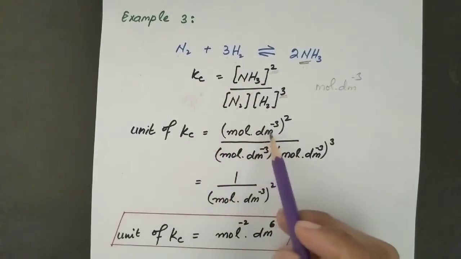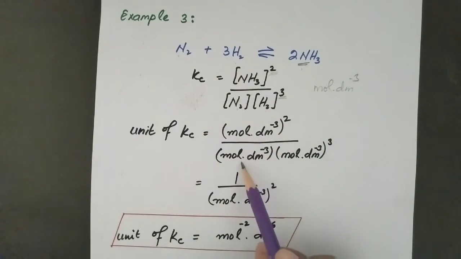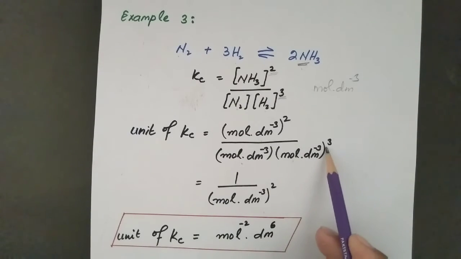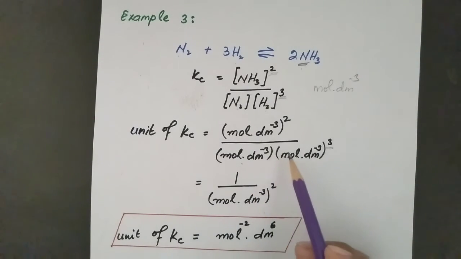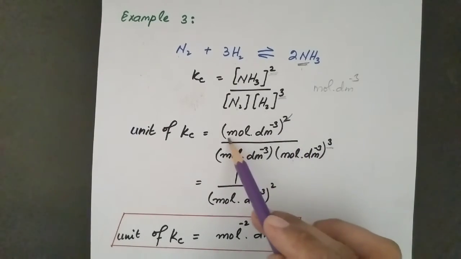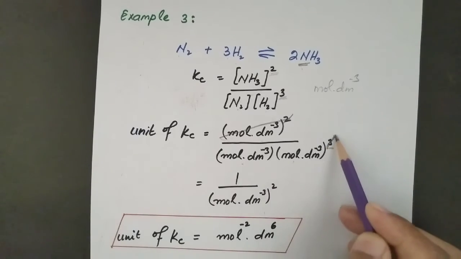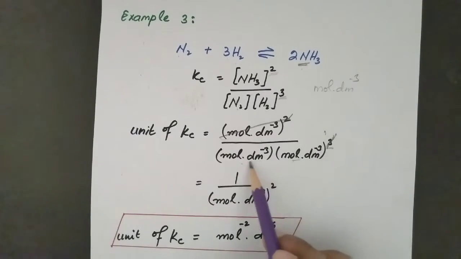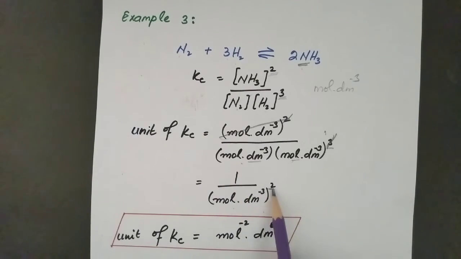Now replacing all these terms with the unit mole per decimeter cube, the unit of Kc will be (mole per decimeter cube) squared over mole per decimeter cube into mole per decimeter cube, cubed. Now simplifying, the square cancels out with part of the denominator, leaving 1 over (mole per decimeter cube) squared.